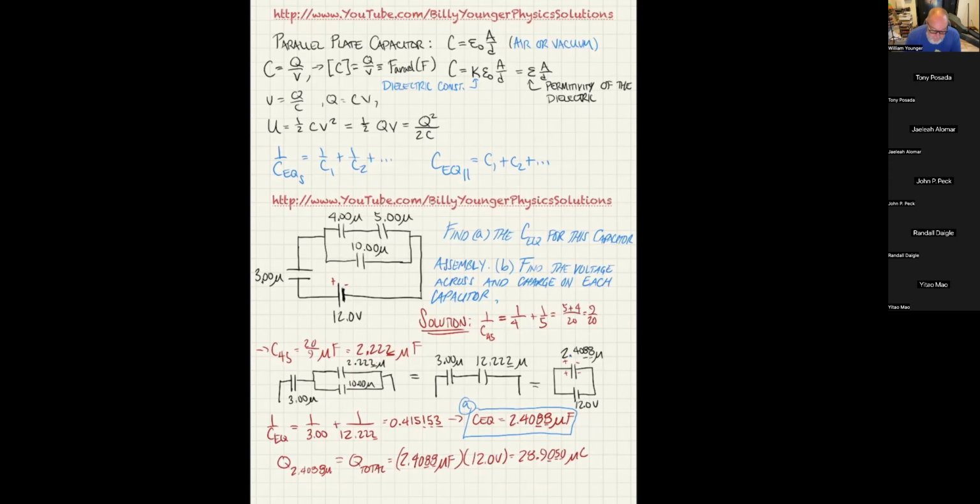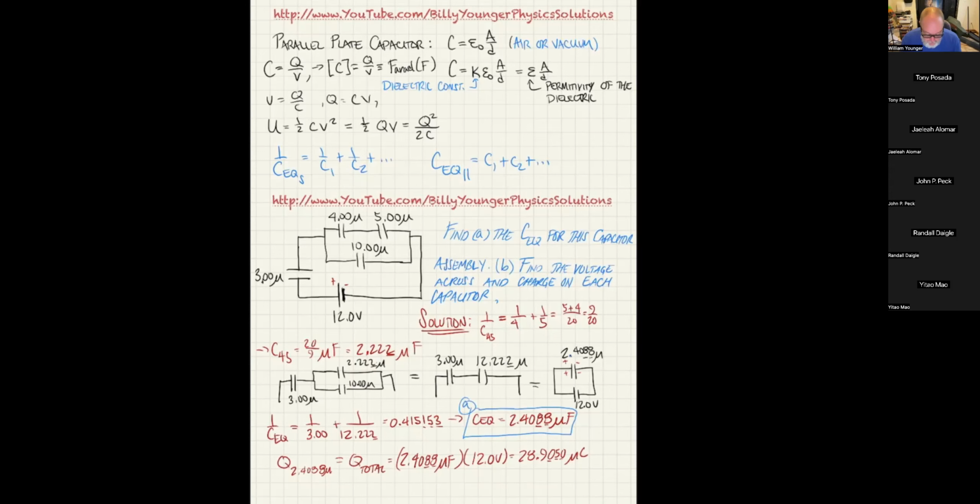And then those microcoulombs, the 28.91 microcoulombs, is going to go to this junction, and some fraction of them are going to go to the 4 micro and 5 micro leg, and then some other fraction is going to go to the 10 microfarad leg. Now, you should know, of course, these are in parallel.